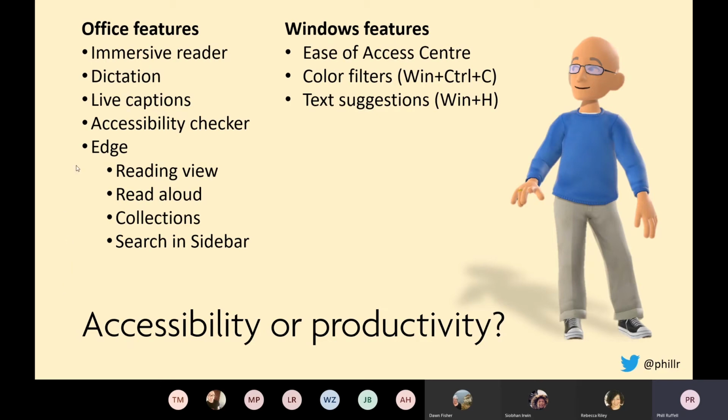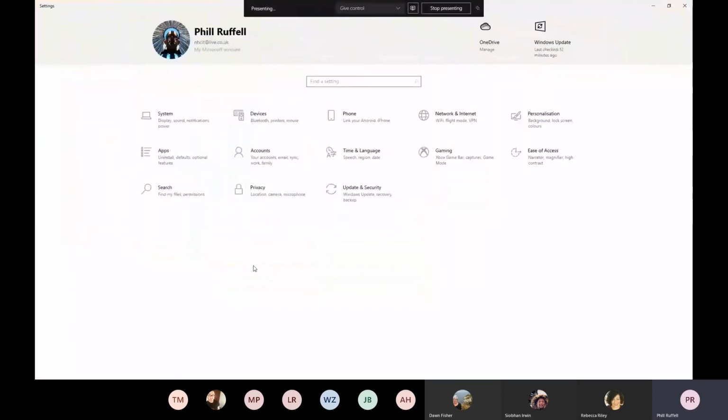So Windows 10, accessibility features in Windows 10. There are far too many to be managing within any session, but if you go to your settings homepage, you'll find there is an update, Ease of Access Center. You can tell the one I go to most.